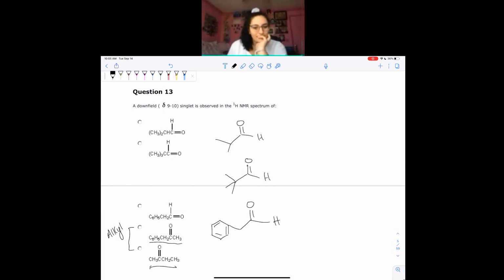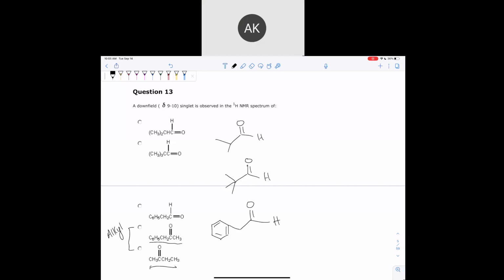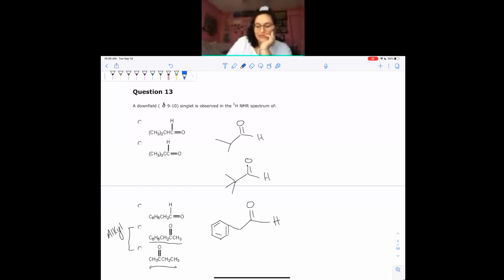Okay. All right, so between these three, you were totally right. The thing you have to look at is it's a singlet, right? So let's draw in all these hydrogens. We're looking at the aldehyde hydrogen because it's 9 to 10.